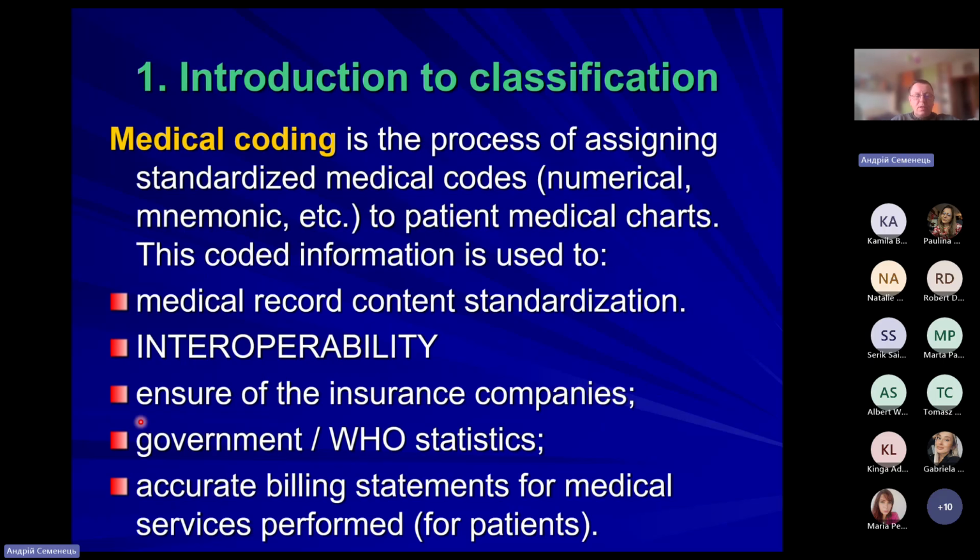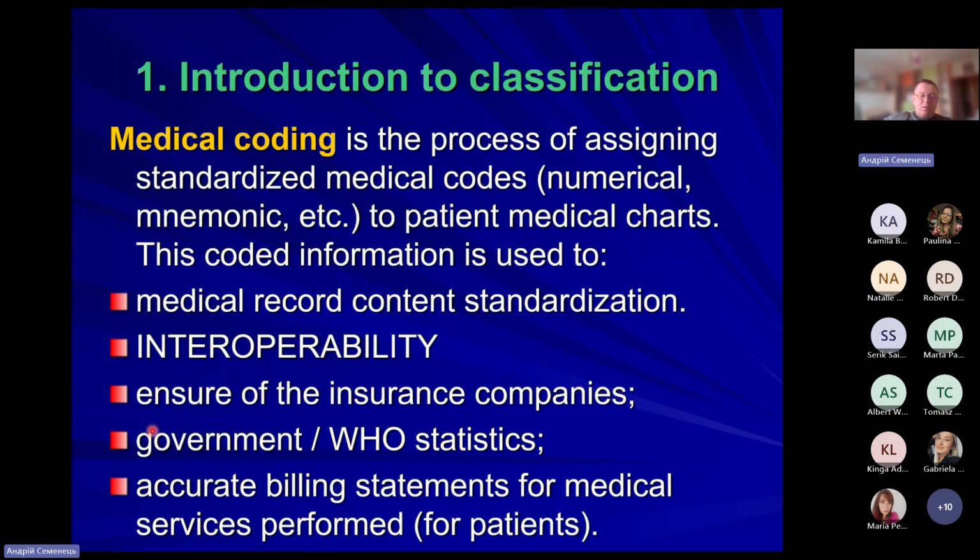This is why I put it in this order, because actually basic medical codes preceded the development of information systems. So the primary objective was standardization of medical content. But with the development and implementation of medical information systems, we got extra benefits from standardized content.